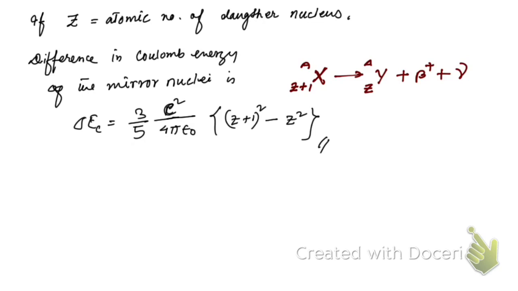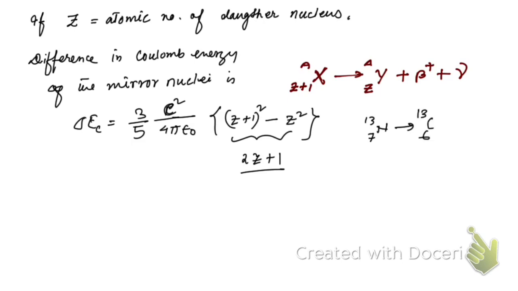Okay, so now you see, if you simplify this, then Z square will be cancelled, so we're going to get 2Z plus 1, right? Now let me take this example. This is nitrogen 13 with number of protons 7, and this is carbon 13 with number of protons 6.